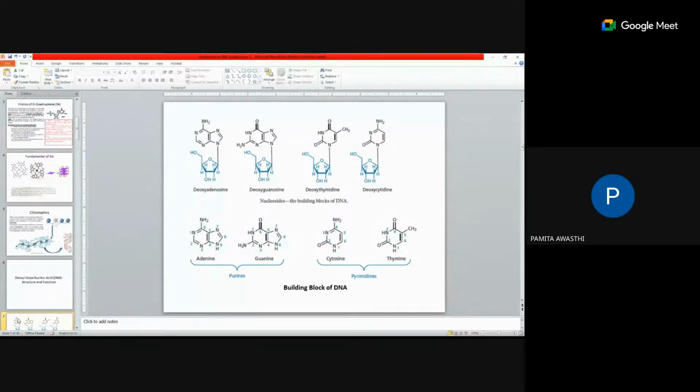In the primary structure, DNA building blocks are linked together via nucleosides, for example deoxyadenosine, deoxyguanosine, deoxythymidine, and deoxycytidine.